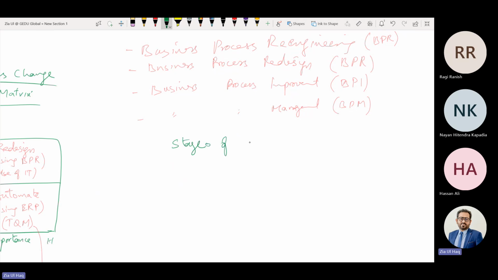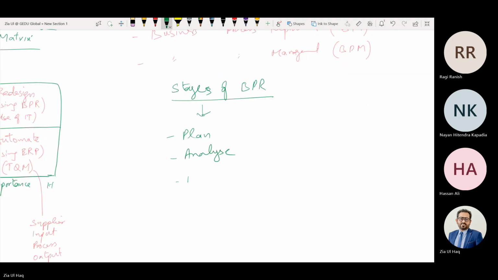Stages of BPR: plan, analyze, redesign, development, and transition. There are 5 stages of BPR: plan, analyze, redesign, development, and transition.